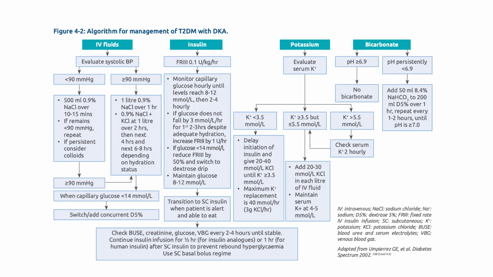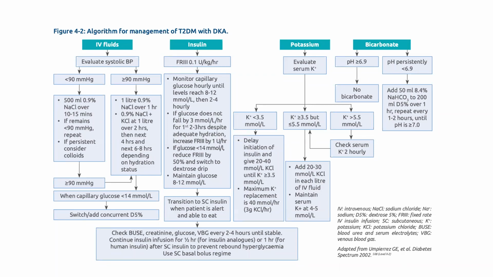So we'll move on to insulin, right? We'll be starting for DKA patients insulin fixed rate at 0.1 unit per kg per hour. So we have to monitor the capillary glucose hourly until the levels reach 8 to 12 millimole, and then 2 to 4 hourly.